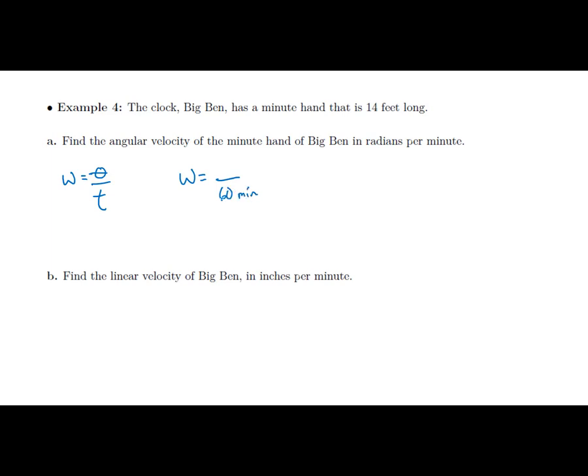But how many radians do we cover in those 60 minutes? Well, if we go once around the clock, one revolution is 2 pi radians. So our angular velocity here, we can do a little simplifying, turn that into 30. And what we get, of course, is pi over 30.